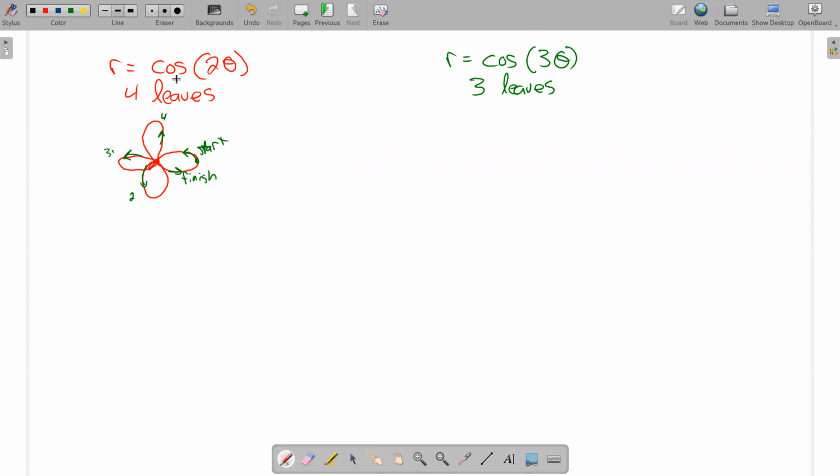All right, so 4 leaves with a 2, 3 leaves with a 3. Let's see, what if I put a 4 here instead of a 2? I think that'll give me 8 leaves. And what about a 5 here? Will that be 5 leaves or 10 leaves? Let's take a look.